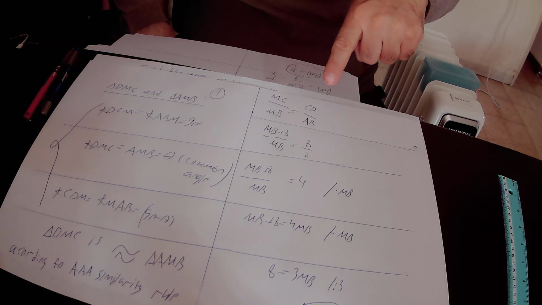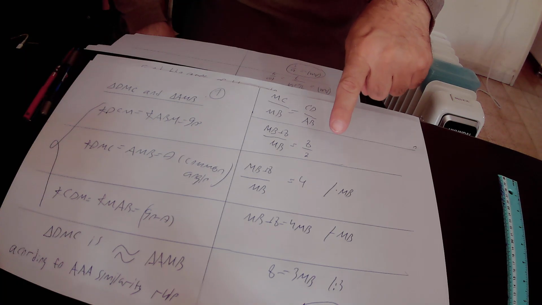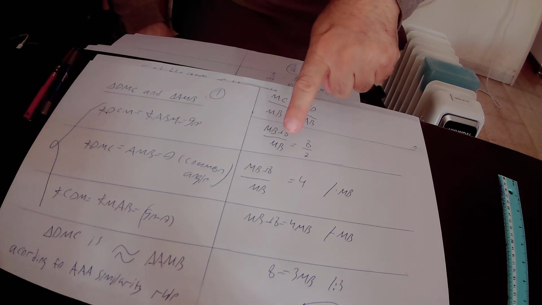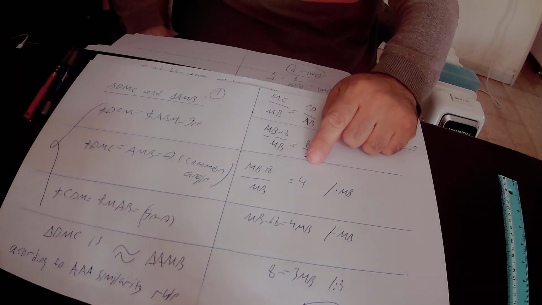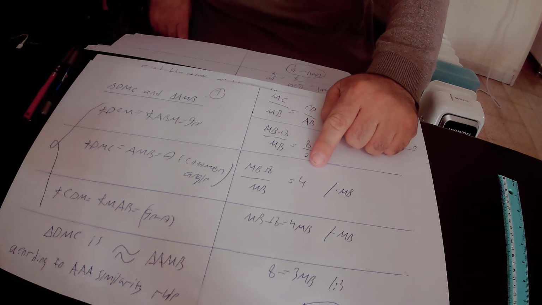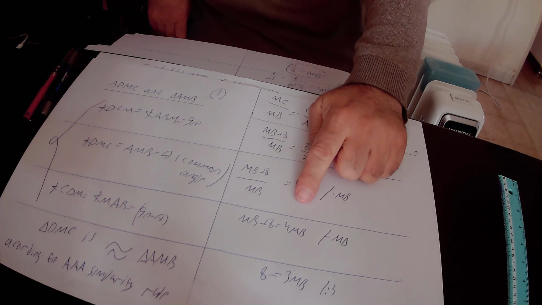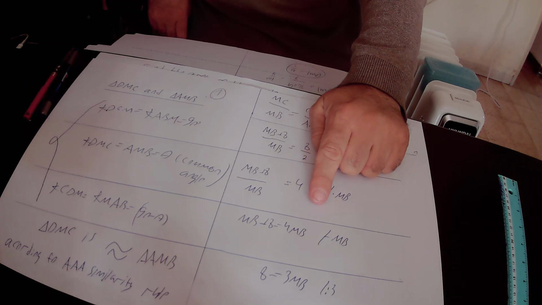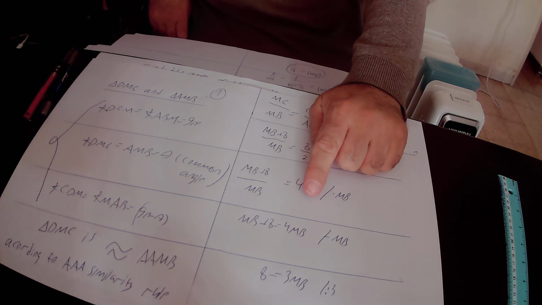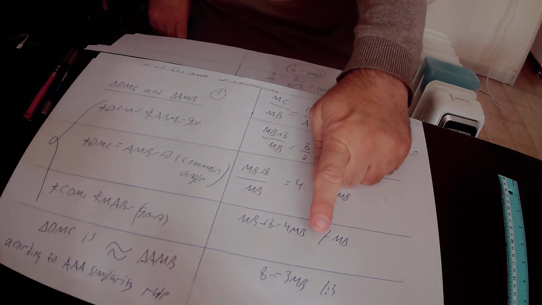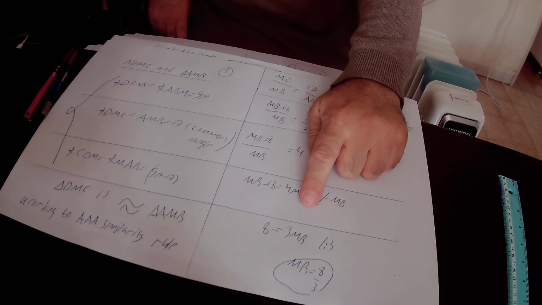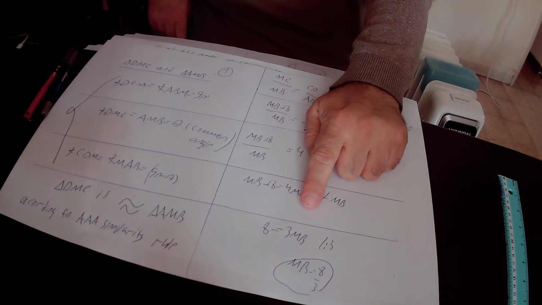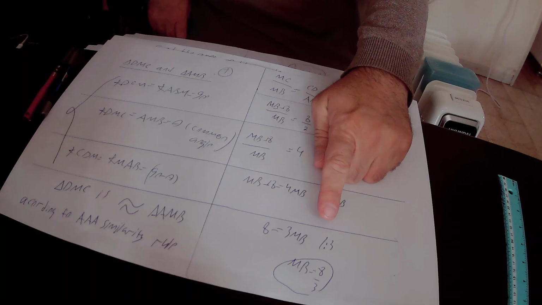So CD over AB is 8 over 2, which is 4, so 4 equals MB plus 8 over MB. We multiplied this equation by MB and found out that 4 times MB equals MB plus 8. We subtracted MB from this equation and found out that 8 equals 4MB minus MB, which is 3MB. So 8 equals 3MB, we divided this equation by 3 and found out that MB equals 8 over 3 units.